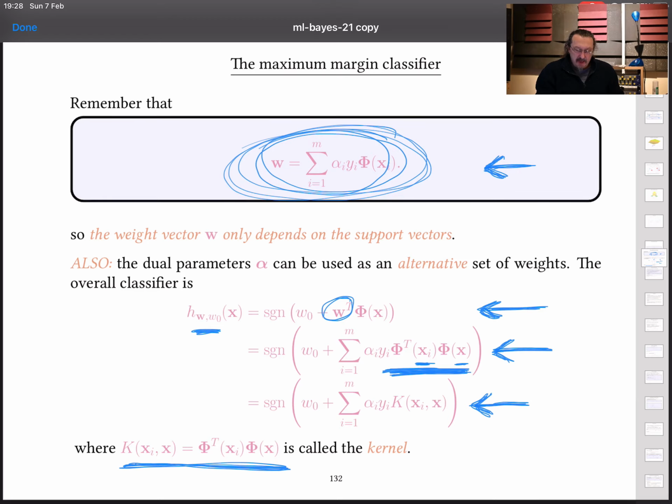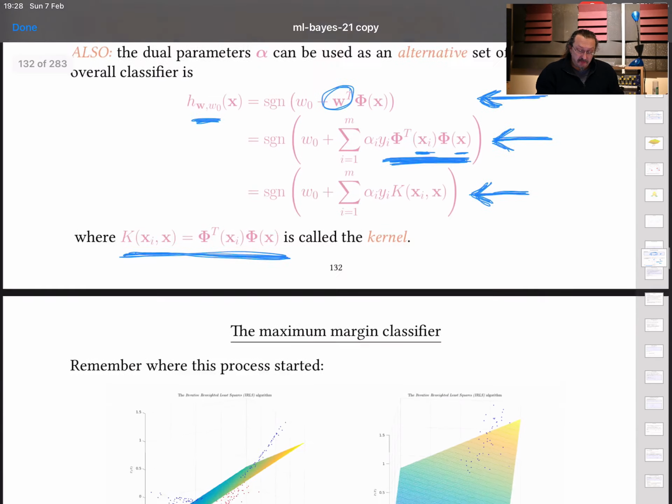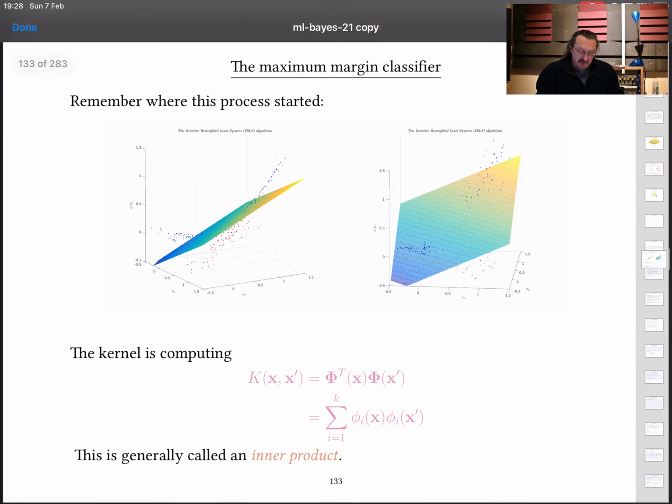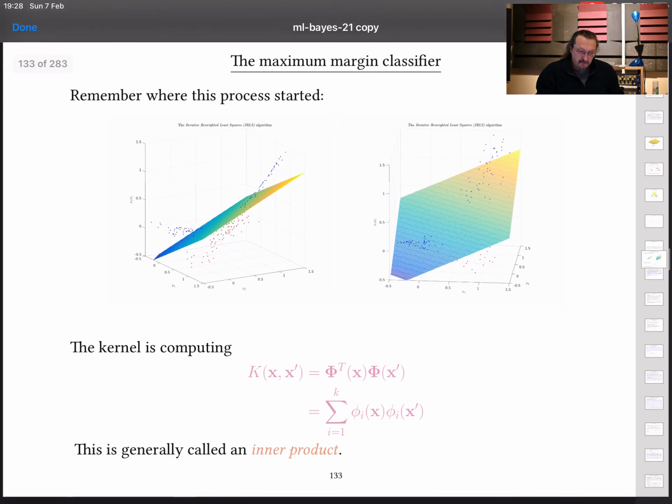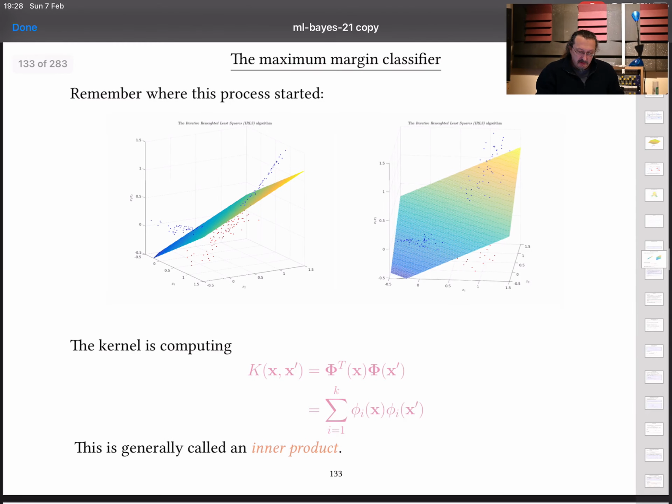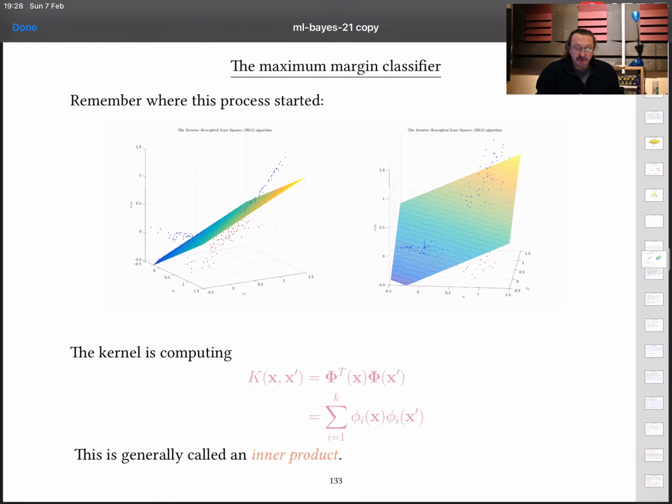Now that has further ramifications. Just remember where we started. We started by introducing this big phi function to map things into a bigger space.